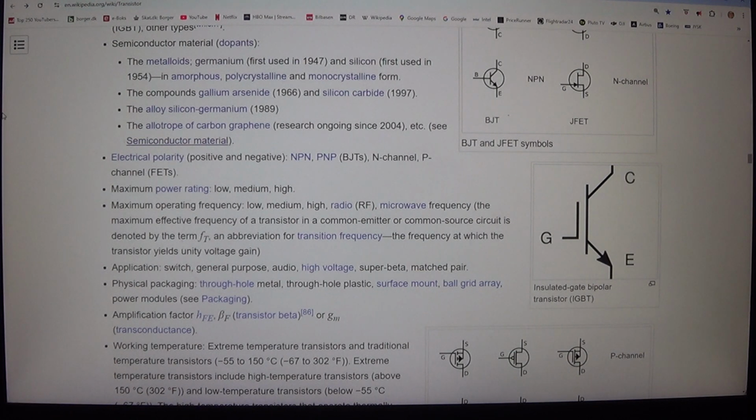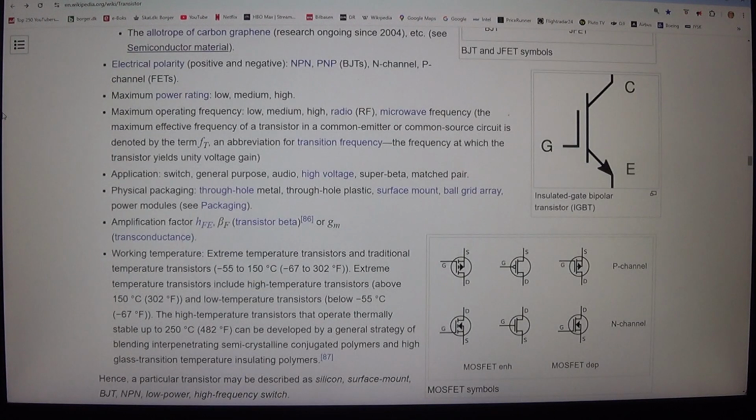See semiconductor material. 3. Electrical polarity (positive and negative): NPN, PNP for BJTs; N-channel, P-channel for FETs. 4. Maximum power rating: low, medium, high. 5. Maximum operating frequency: low, medium, high, radio (RF), microwave frequency.